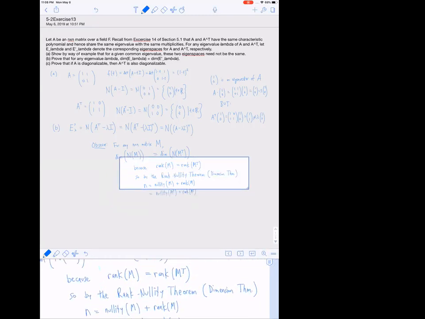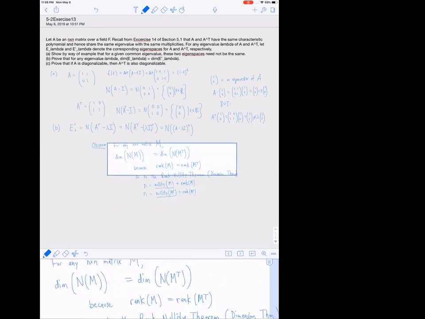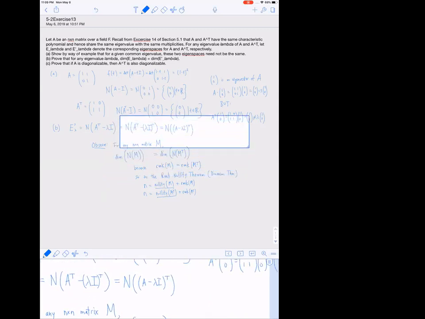And so if the ranks are both equal and the sums both equal n, then the nullity of M must equal the nullity of M transpose, and that's exactly the dimension of these null spaces. So that's true for any matrix M and its transpose. So let's go back to our problem.